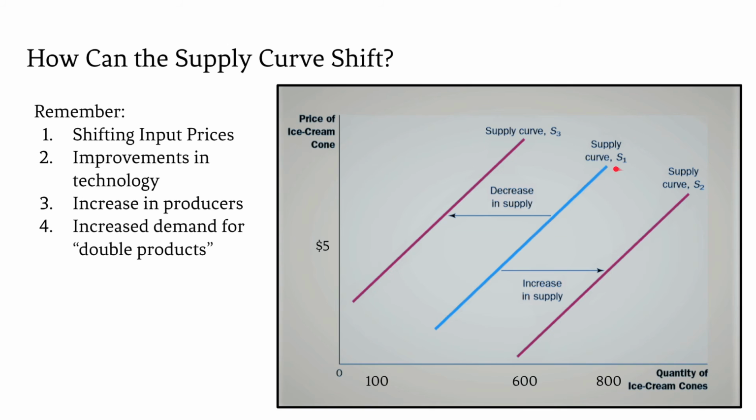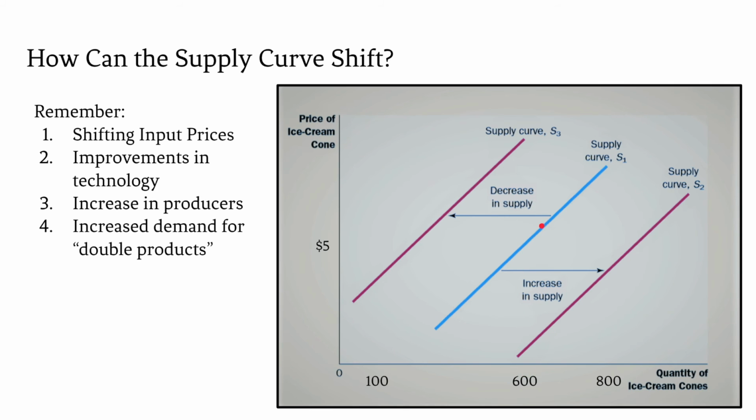So let's look at the supply curve right here. Say that, again, the sugar in ice cream cones gets really, really expensive. This would cause an overall decrease in supply. Previously, at a price of $5, when ice cream cones were selling at $5 on the market, producers were producing around 600 ice cream cones.